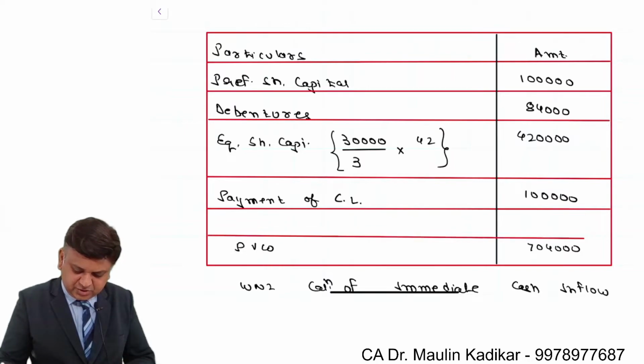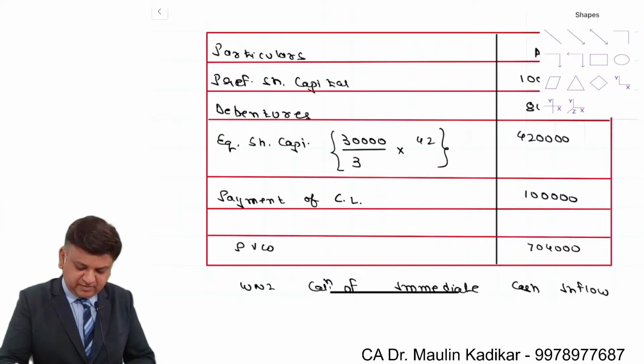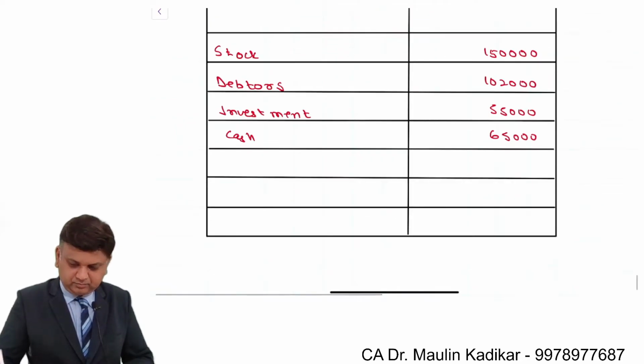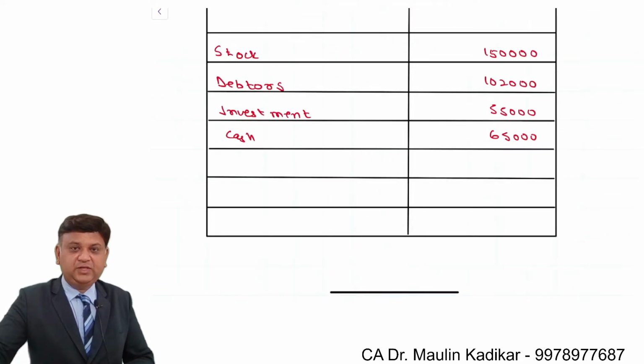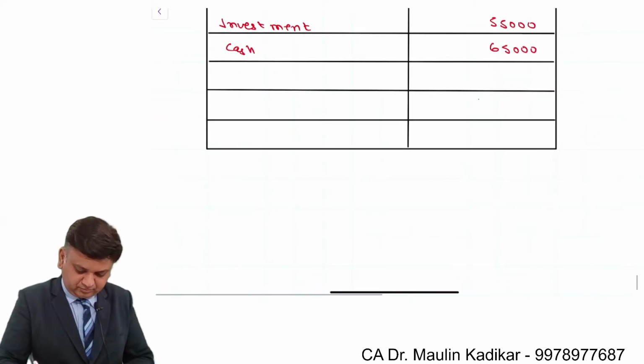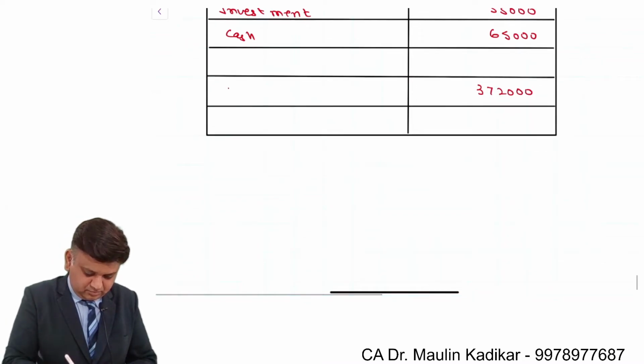Afterwards, we'll make the computation of the present value, immediate present value of the cash inflow. 1,50,000 plus 1,02,000 plus 55,000 plus 65,000. 3,72,000. Immediate cash inflow.